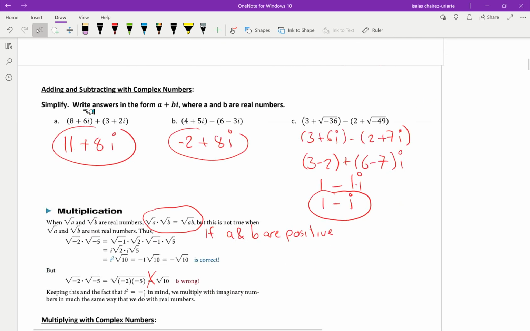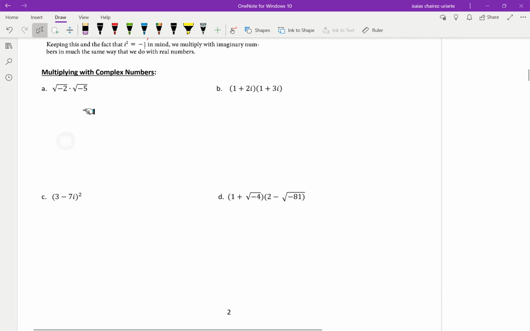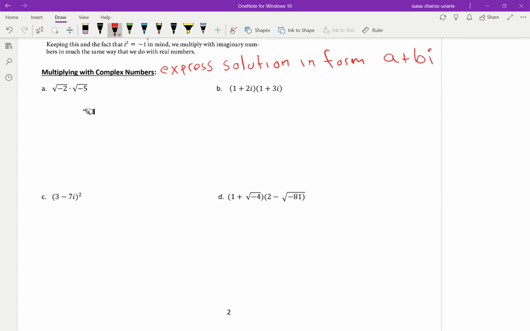Okay, so let's multiply some complex numbers. All right, so you have 4 multiplications to perform here. Pause the video and try to multiply them. And not only that, the instructions should say here, multiply and express the solution in the form a plus bi.